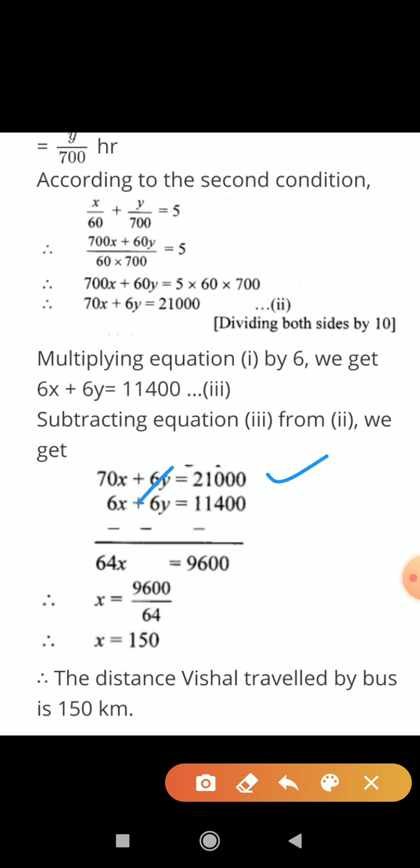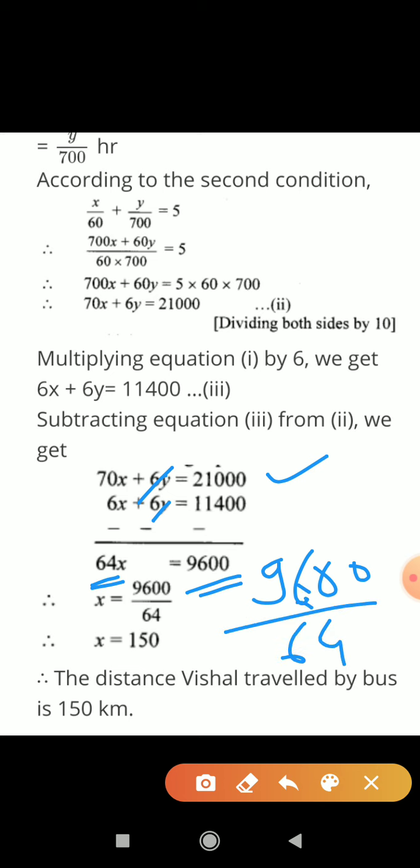So plus 6y minus 6y get cancelled, 70x minus 6x is equal to 64x, and 21,000 minus 5,400, subtraction becomes 15,600. Now this 64 becomes divided to the other side, so 15,600 divided by 64.